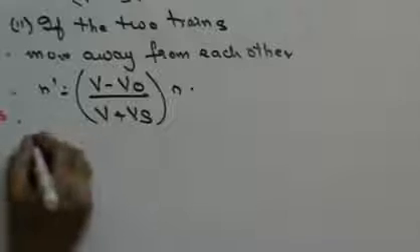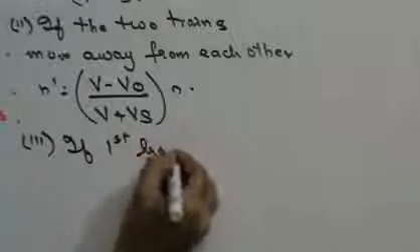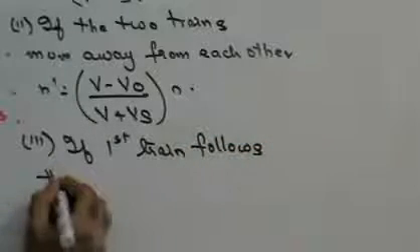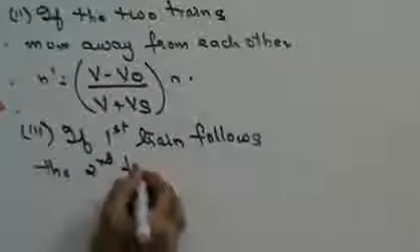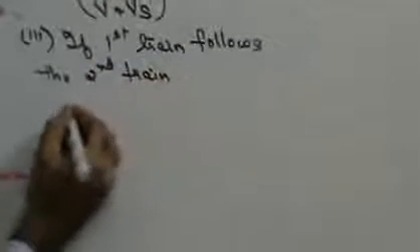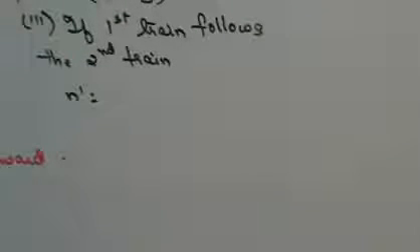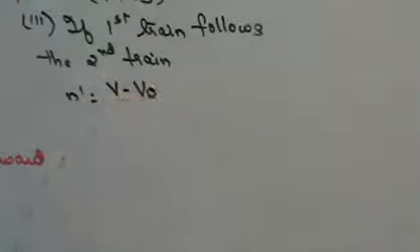Next, the third part of the question. If the first train follows the second train, that means the second train is moving away, so the observer is moving away.